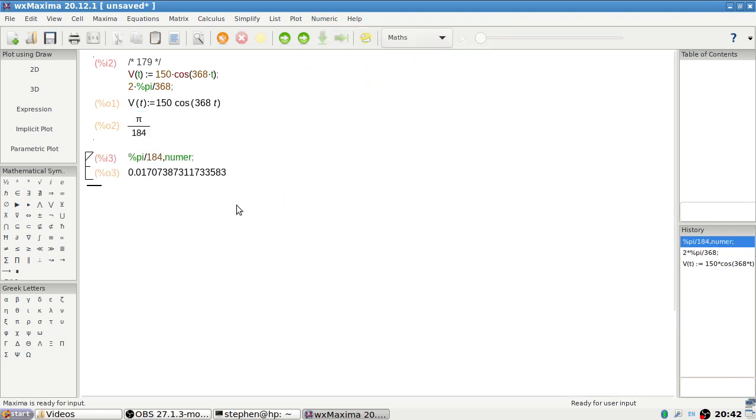Okay. So that means basically one full cycle of voltage will be completed in about 0.0171 seconds. Wonder what they say at the back.